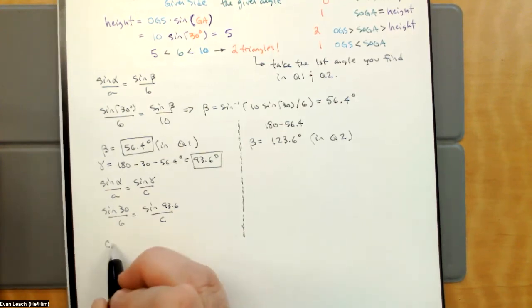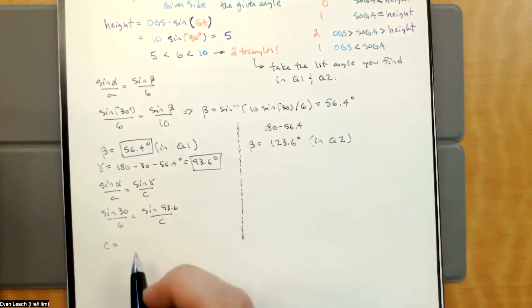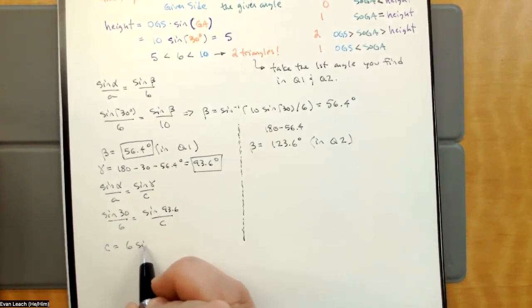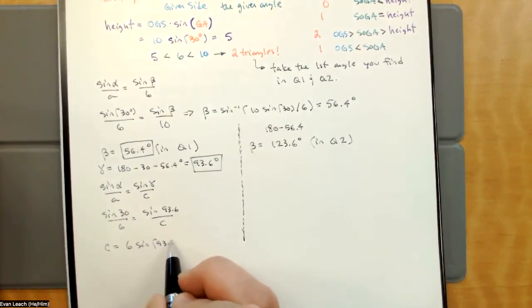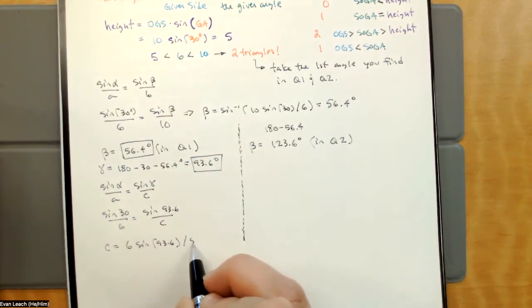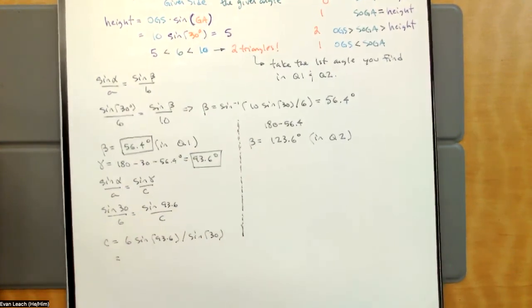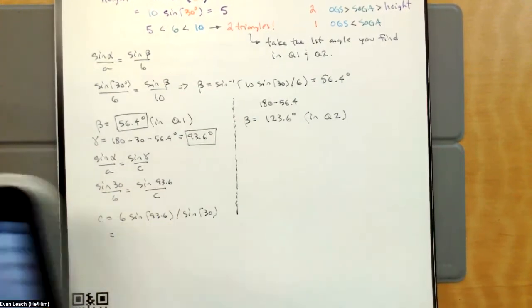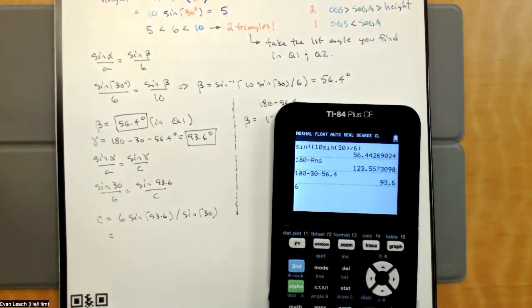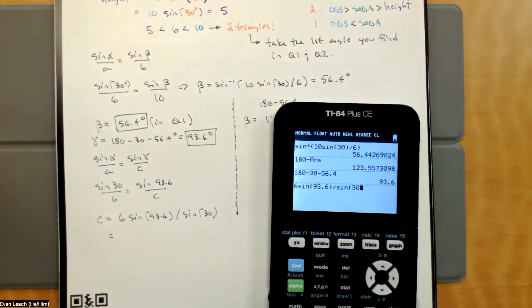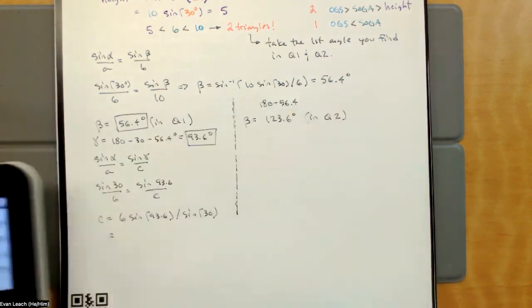So C is 6 times the sine of 93.6 divided by the sine of 30. So 11.97. The 7 pushes the 9 up to the next, so 12.0.